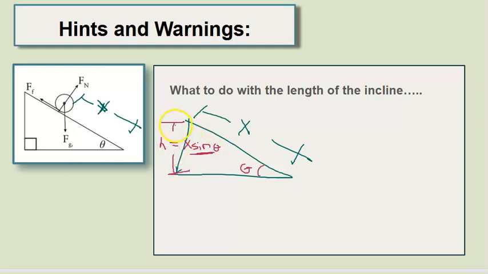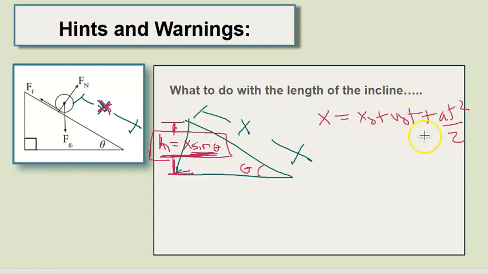Sine is the vertical part. So the two reasons they might give you the length are to find the initial height, which is just an extra step and kind of a pain, but that's life. You go into the lab, you know the length, and you don't know the height. Or it could be to use a position function after you find the acceleration.